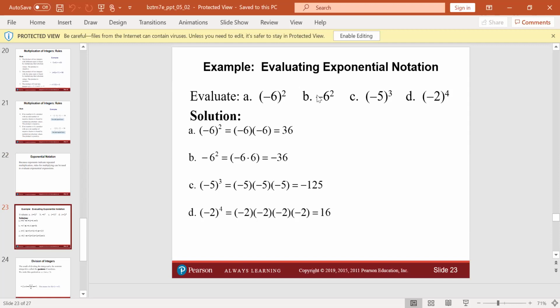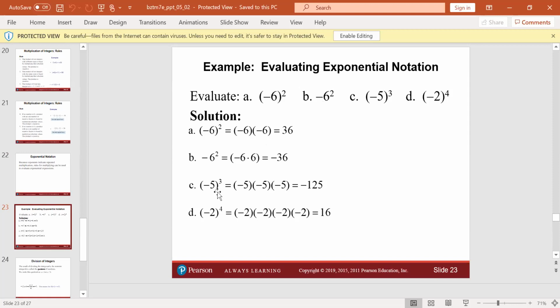In part B, according to order of operations, you're saying do the 6 squared first, then slap a negative sign afterwards. By putting it in parentheses, you're applying the squared to the whole thing. Without the parentheses, you're only applying it to the 6 and then slapping the negative sign on later.